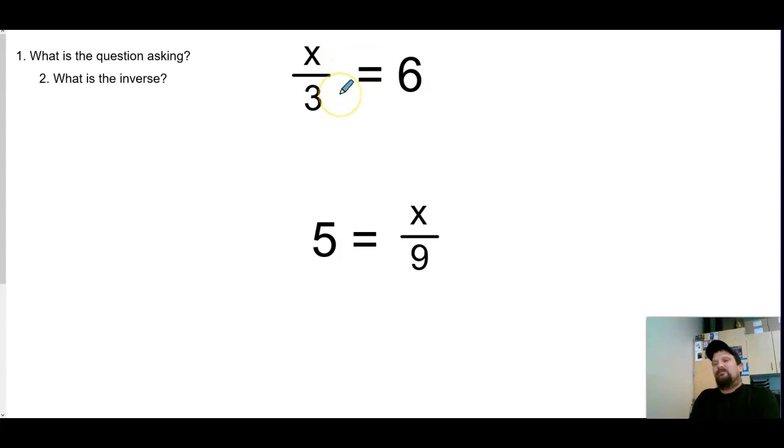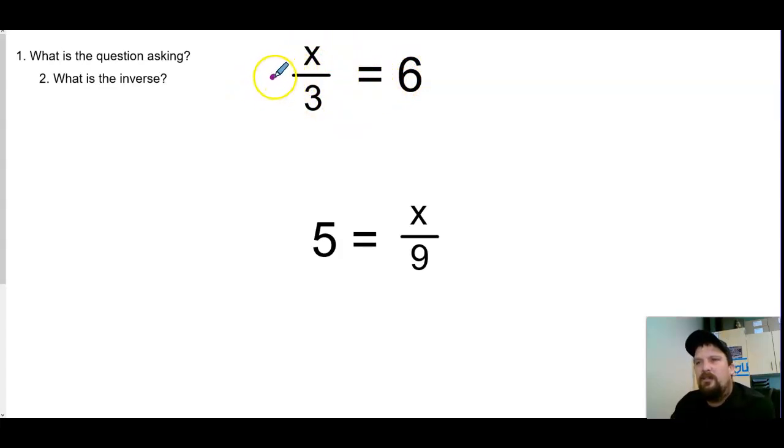Looks like we have a division now. What is the question asking? It's saying what number divided by 3 equals 6? Let's think. What is the inverse of division? That's got to be multiplication, so I'm going to have to multiply to show my work. Can any of you think what divided by 3 is 6? You got the answer.